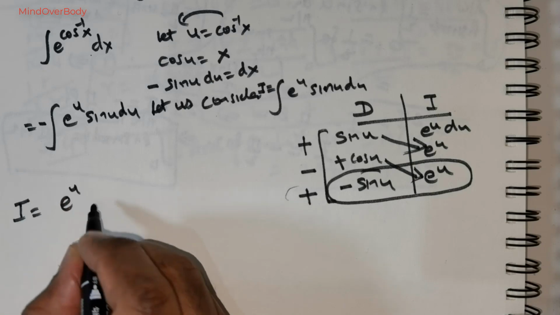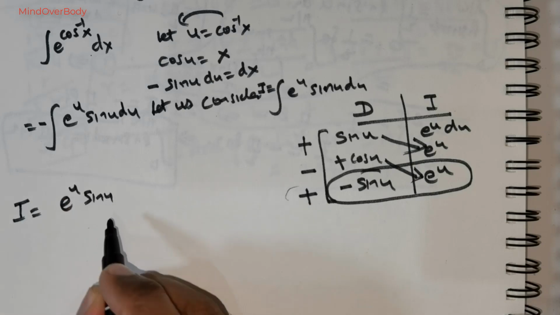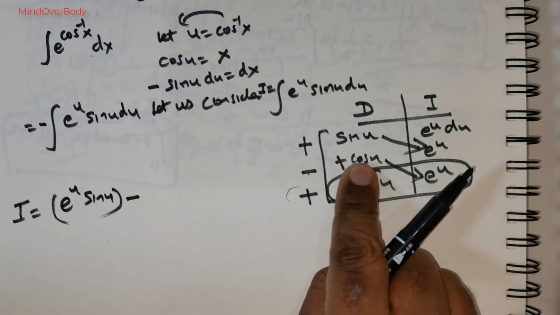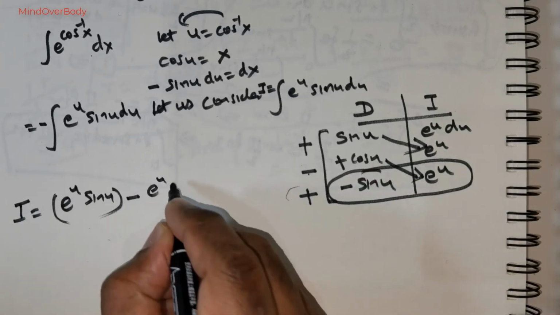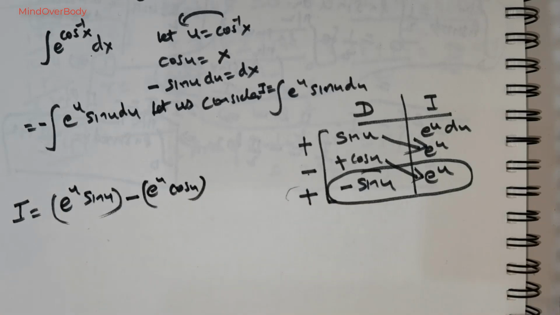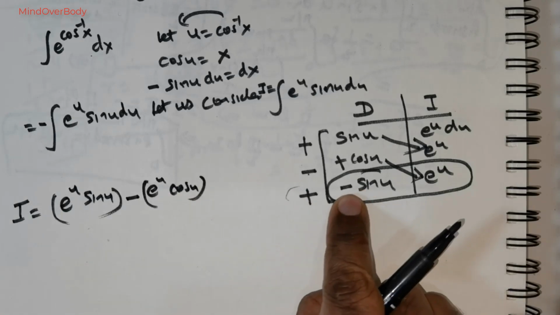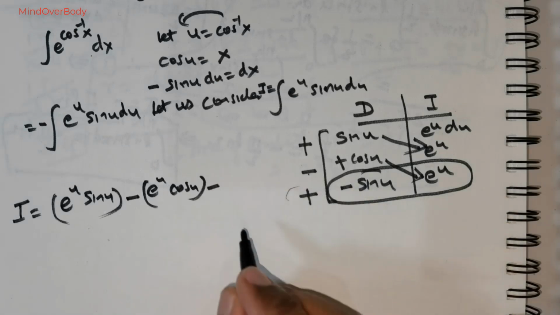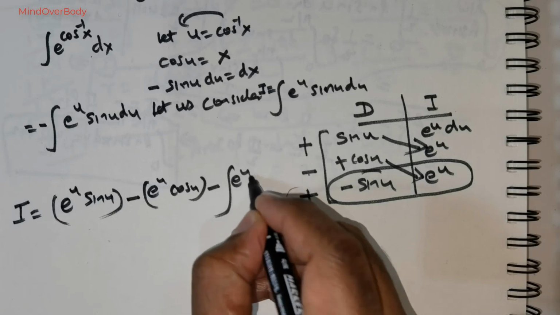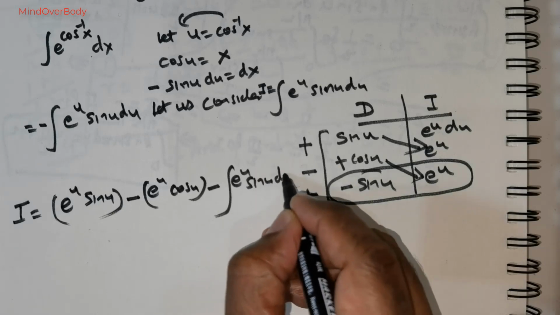Let me write it like this: e raised to the power of u times sine u, first quantity, followed by a negative sign, times cos u into e raised to the power of u. So e raised to the power of u times cos u, this is the second quantity. And the last quantity is negative times the integral of e raised to the power of u sine u du.